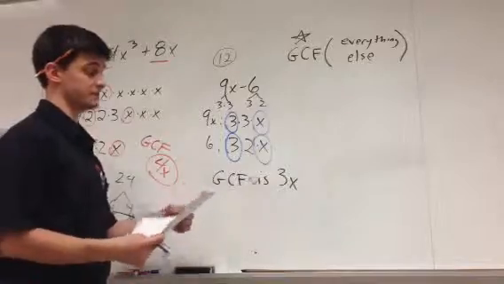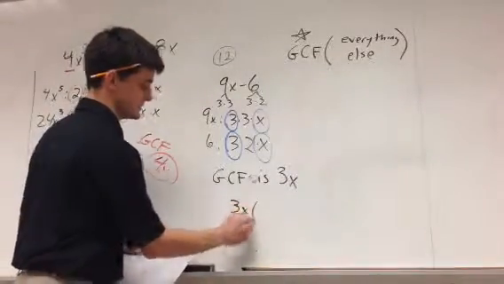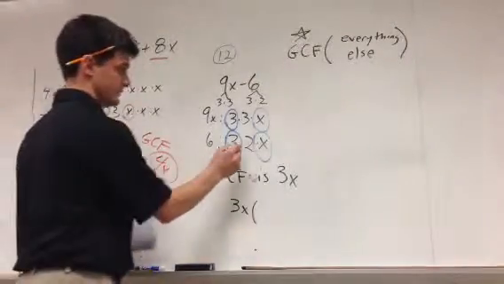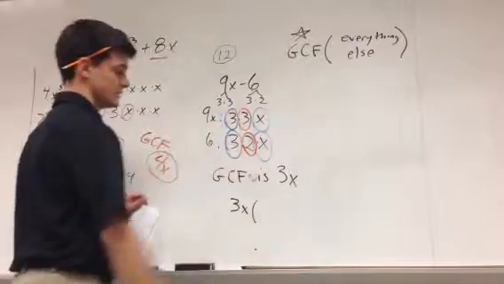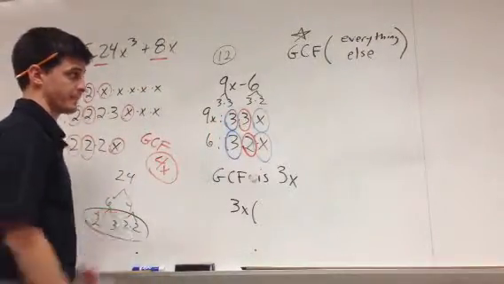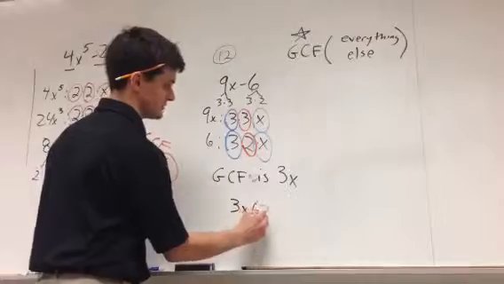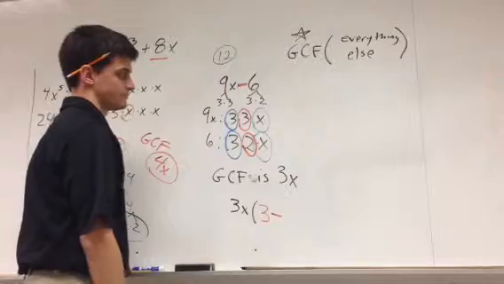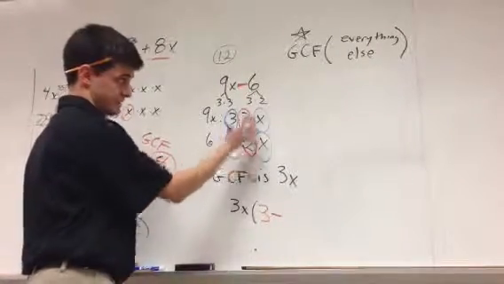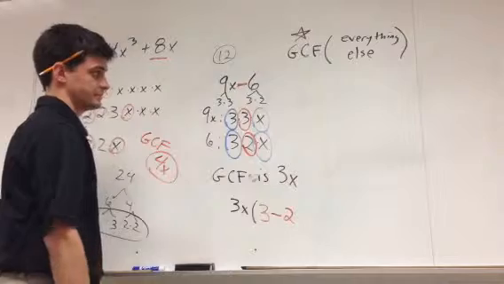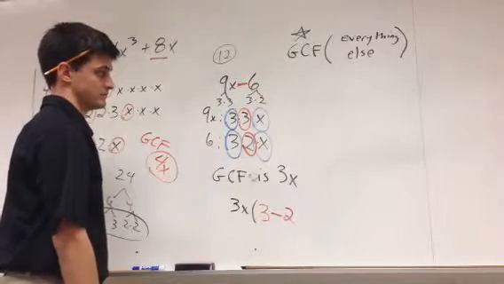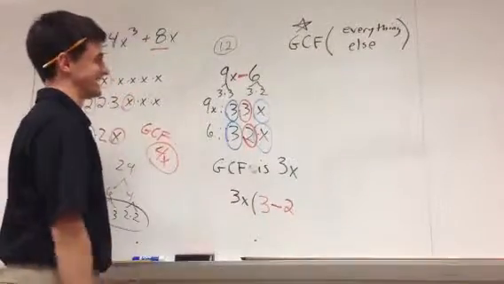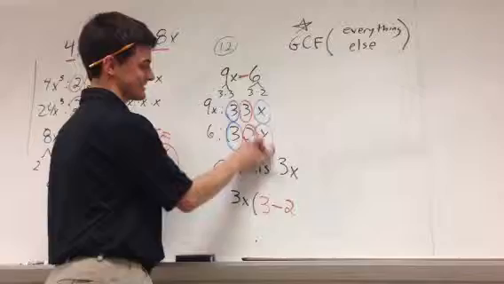You take that greatest common factor, you put it outside the parentheses, and then whatever's left goes back inside the parentheses. So the 9x, what's left is a 3 minus, because this is a minus. And then in the second term, what's left is a 2. So you put a 2. Oh, I guess x did. Oh boy, I screwed up. The 6 didn't have an x, so that's not common.